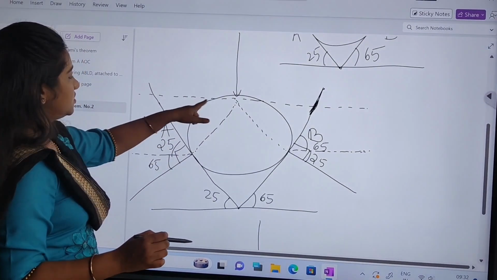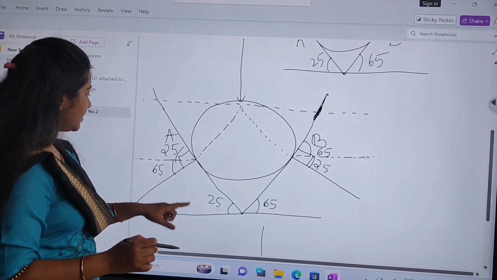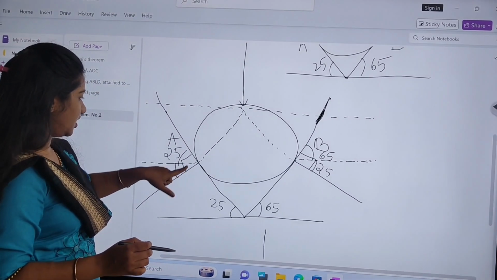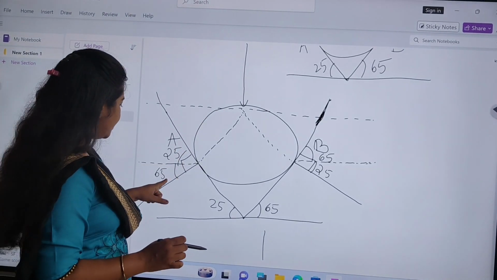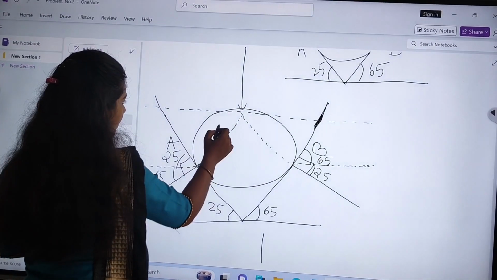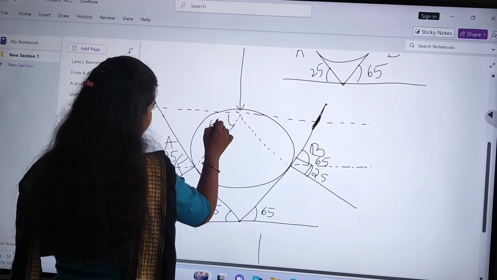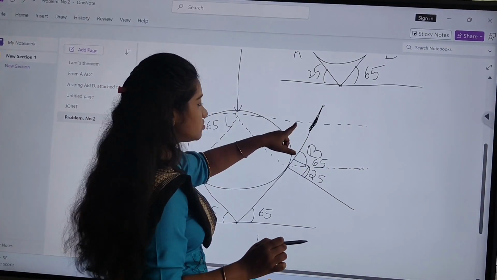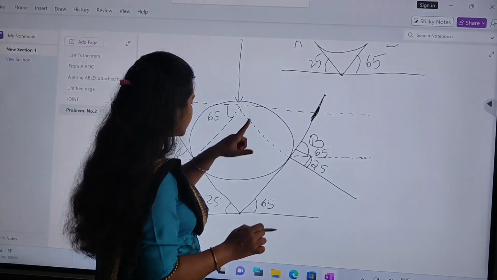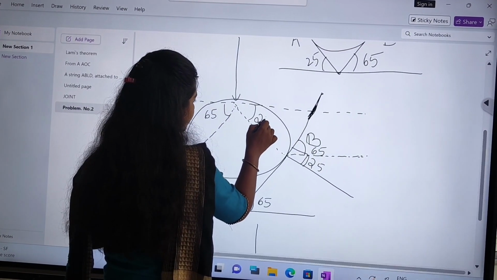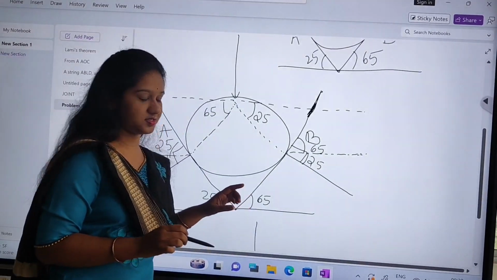Here, this one and this one are parallel lines and this one is an inclined line. So we know the corresponding angles are the same. So this one is 65. So we write down this angle is also 65. And here, this one and this one are also parallel lines. Here this corner is 25, so we write down here this corner is 25 because they are corresponding angles.